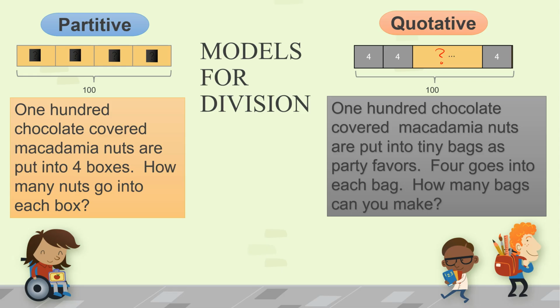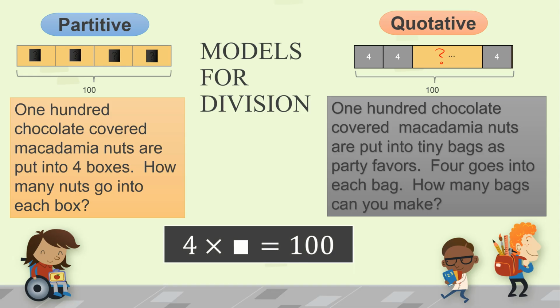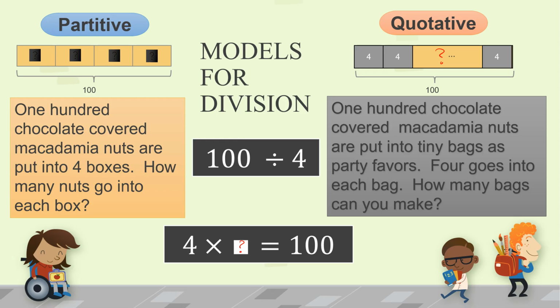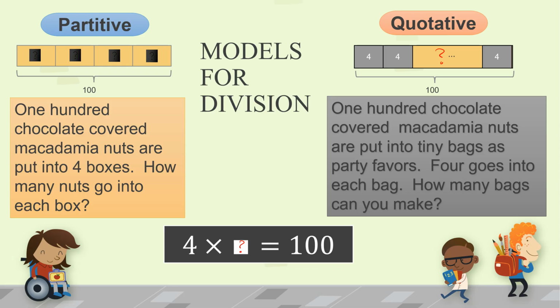In either case, what you are looking for is 4 times what will get me to 100. When we have a missing factor, that calls for a division problem. Therefore, we find the division problem of 100 divided by 4. This is what I mean by division being defined by looking for the missing factor.